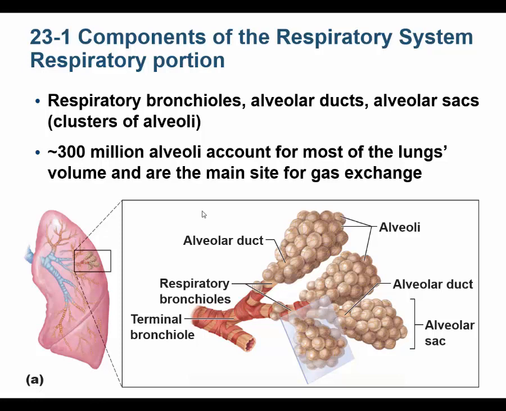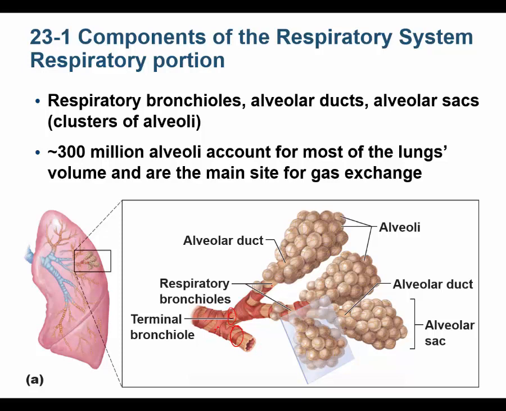This is showing you the bronchioles. So we have these terminal bronchioles here. You can see all the smooth muscle around them. This is the primary area where we control the lumen of our air passageways. So we dilate to allow air to flow easier, and we constrict to reduce the airflow.